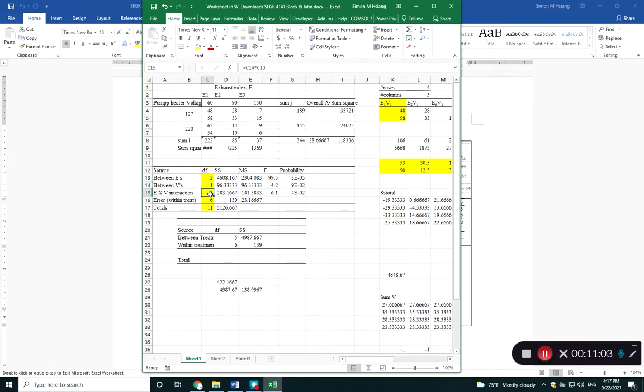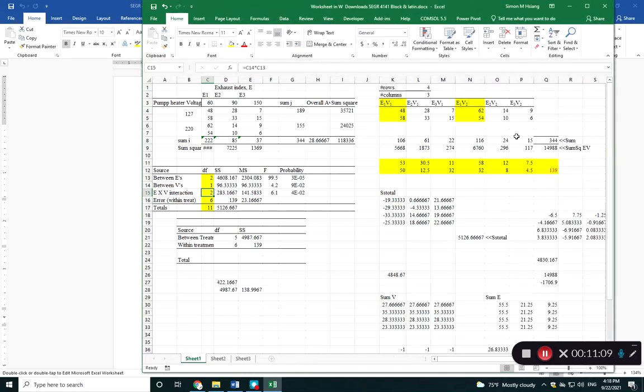And then the error term: if I treat them as 6 treatments, 6 minus 1 is 5 degrees of freedom. But in detail, this 5 is 2 degrees of freedom for E, 1 degree of freedom for V. So 5 minus 2 minus 1 equals 2. Agree?